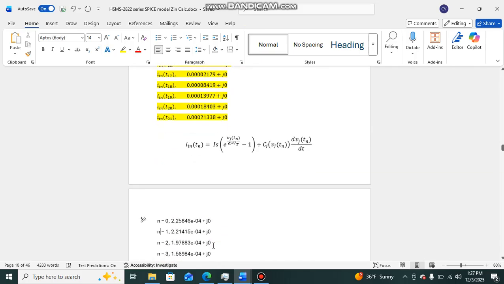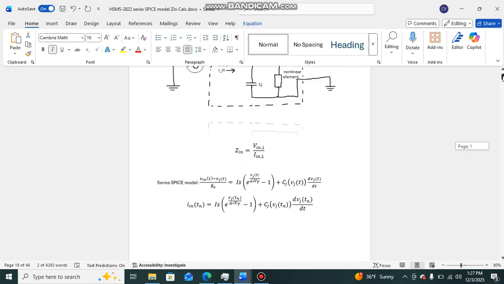And now we want to go to the nonlinear equation. And so we have the values for our junction voltage in the time domain. So this is our Kirchhoff's current law we created up at the top, up here. We created that equation.